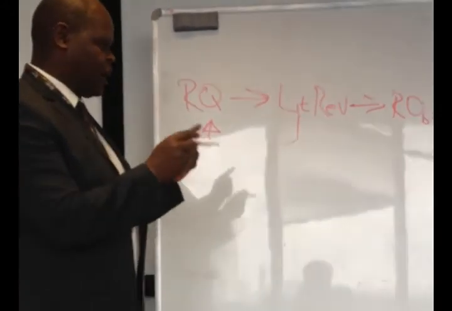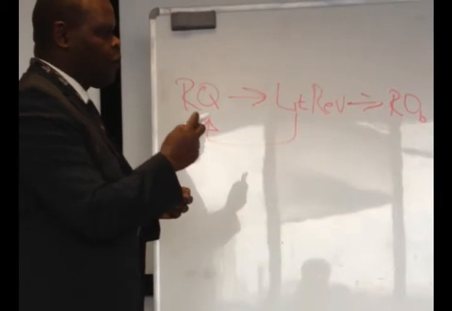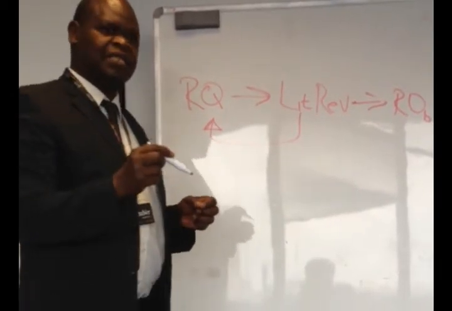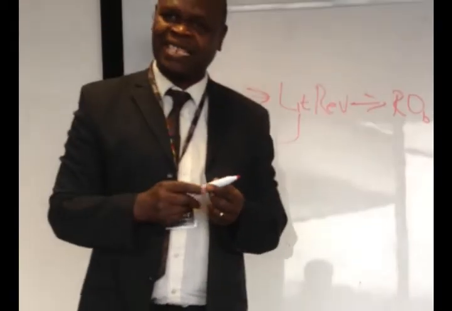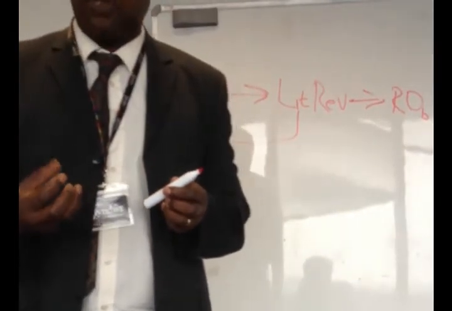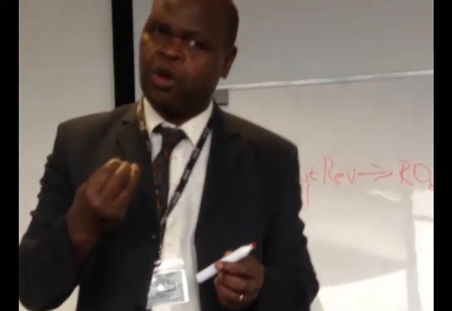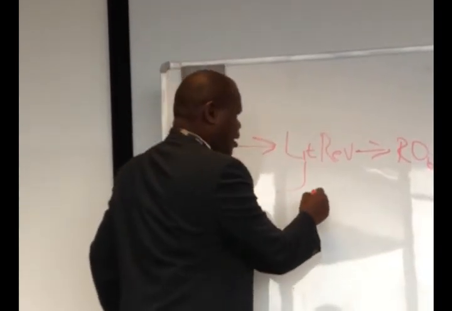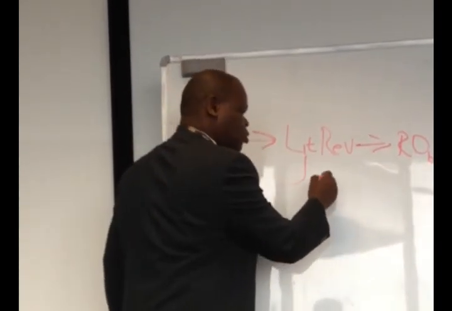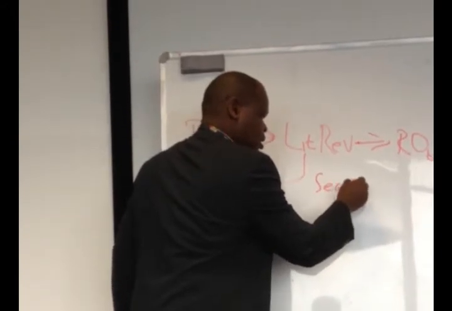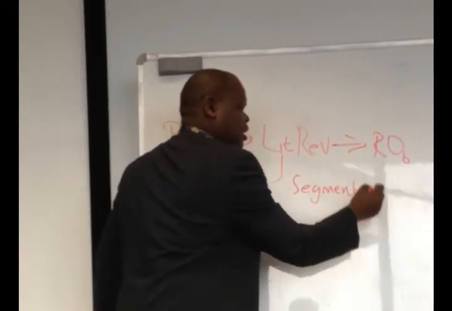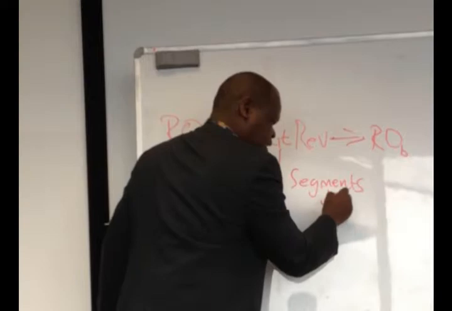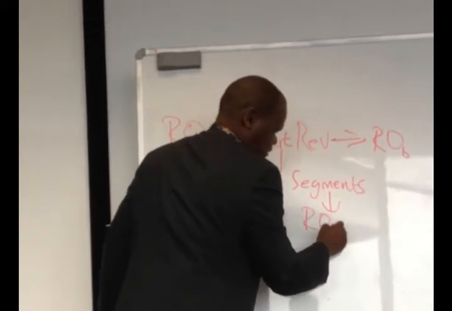Now, how is this put together? When you write your literature review, it's not good just summarizing literature. You have to relate the literature to your research question. In effect, your literature should be divided into segments that are aimed at a research objective.